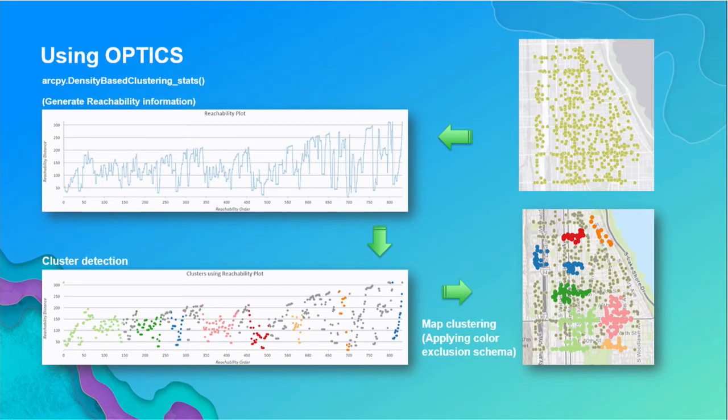The good thing about the scatter plot is that you can see the clusters and the center in the plot. Every time you see a valley in the reachability plot, it is a cluster in the map. There is a good relationship between the plot, the reachability plot and the clusters.